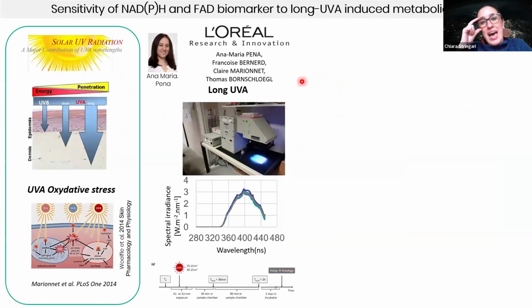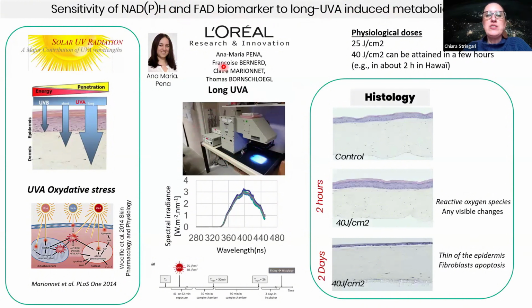And we actually applied this methodology to investigate how these two biomarkers behave in the reconstructed skin when we shine long UVA on the skin and induce metabolic stress. So in collaboration with L'Oréal, we used a UV lamp and specific physiological doses like 25 and 40 joules per centimeter squared.